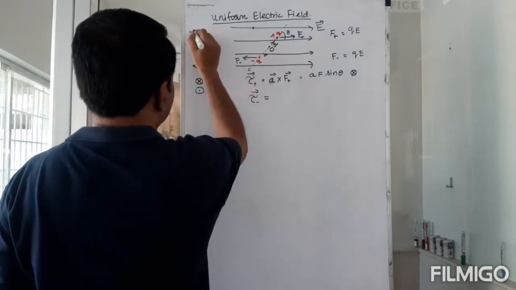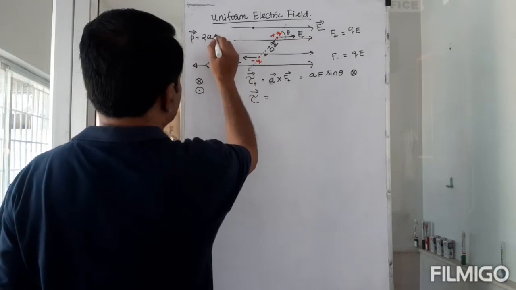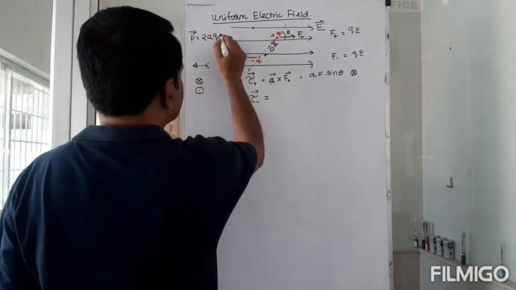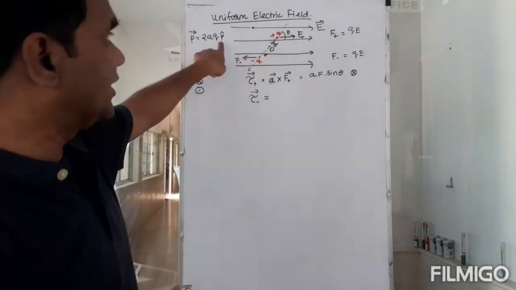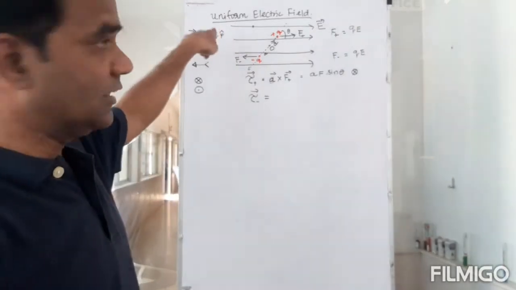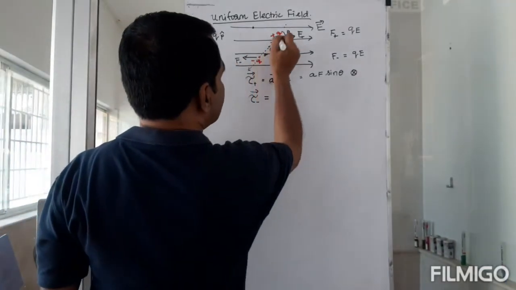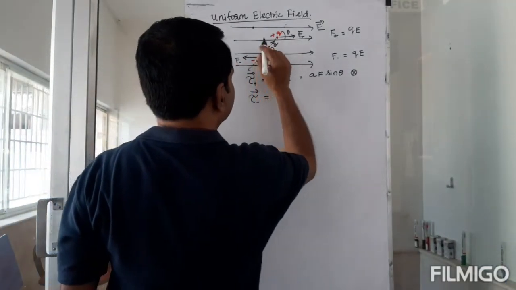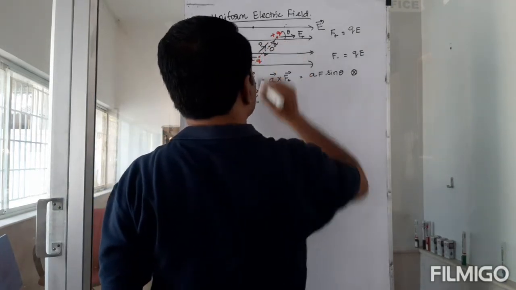First of all, dipole moment P is actually 2AQ, and in the direction of the dipole moment, it's 2AQ, unit vector along the direction. So what is that? It will go from negative to positive, right? So this is the direction of P.